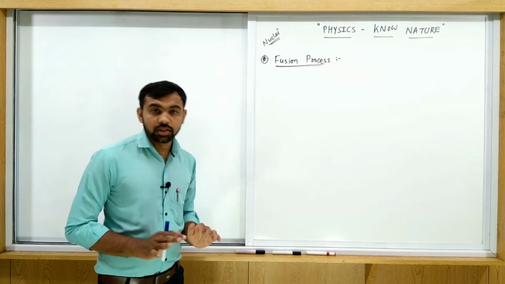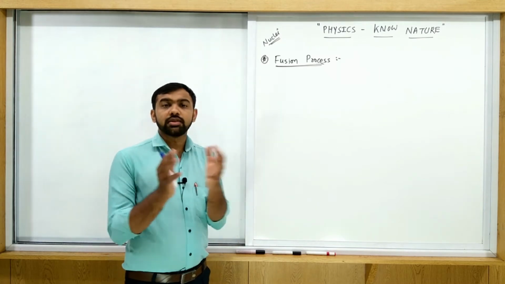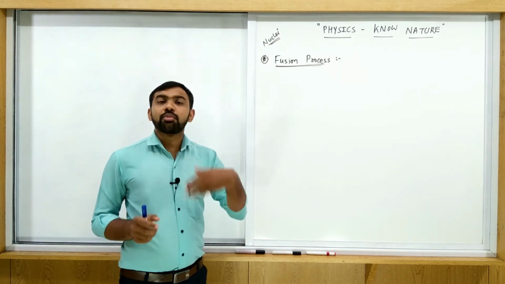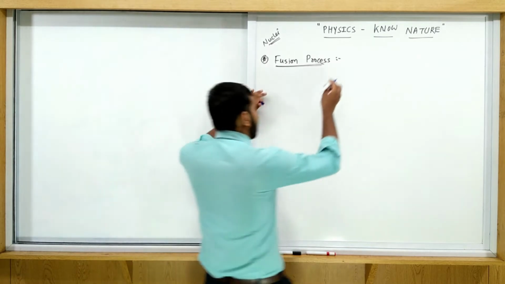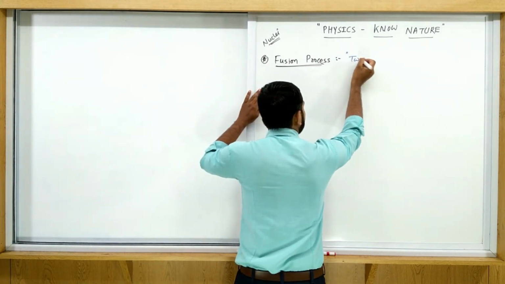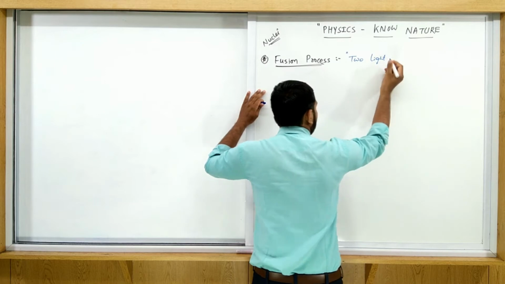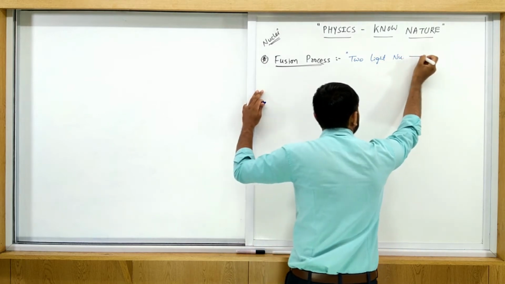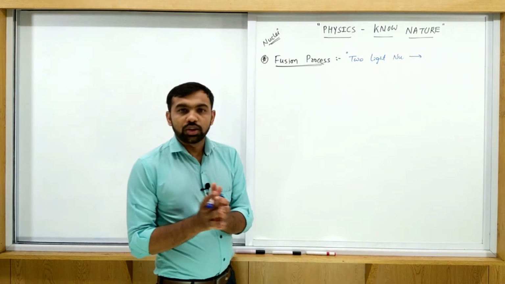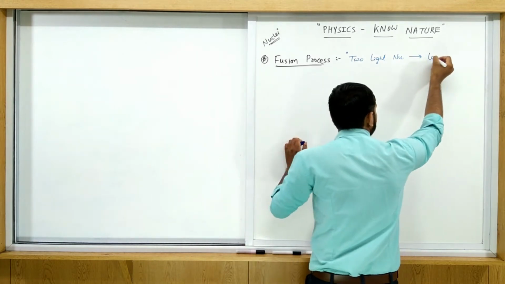We already discussed this: when any two light nuclei combine with each other and form a larger nucleus. So two light nuclei are combined together and form a larger nucleus.